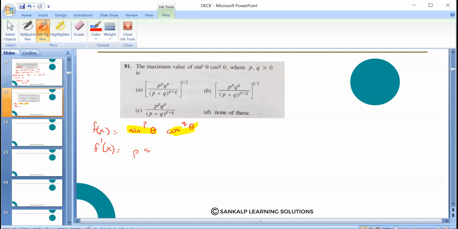So p, x power p minus 1 theta and cos power q theta plus, that is the first one. Second one, what will happen? Sine power p theta will be same.